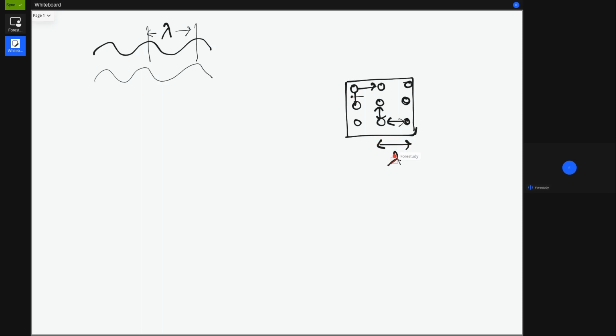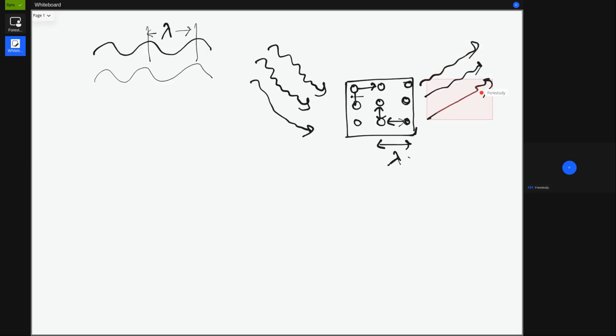Now say this is an X-ray coming, and this will be diffracted. This is called diffraction. This is used to understand the distance between the atoms.